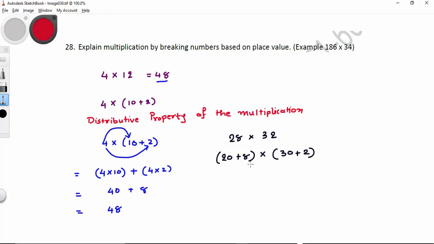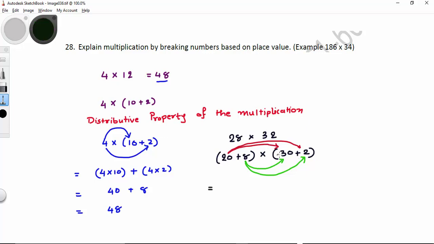Yes or no? Now I am going to apply the distributive property, which means 20 will be multiplied by 30, 20 will be multiplied by 2, 8 will be multiplied by 30, and 8 will be multiplied by 2.